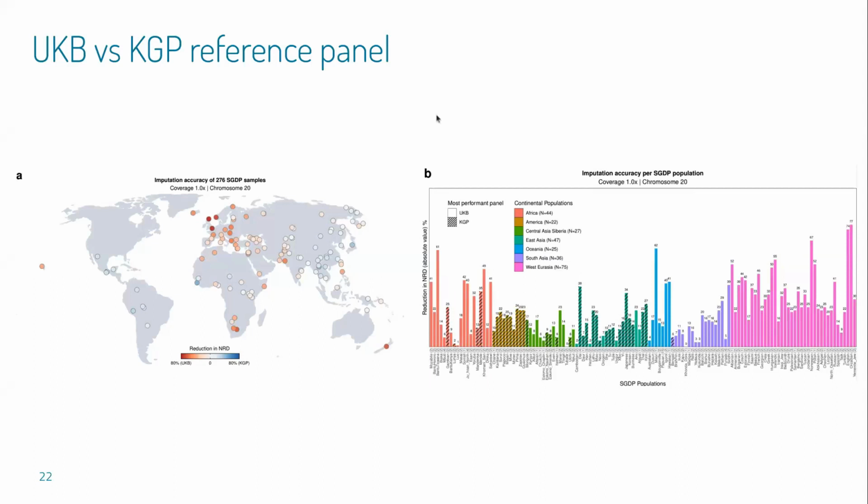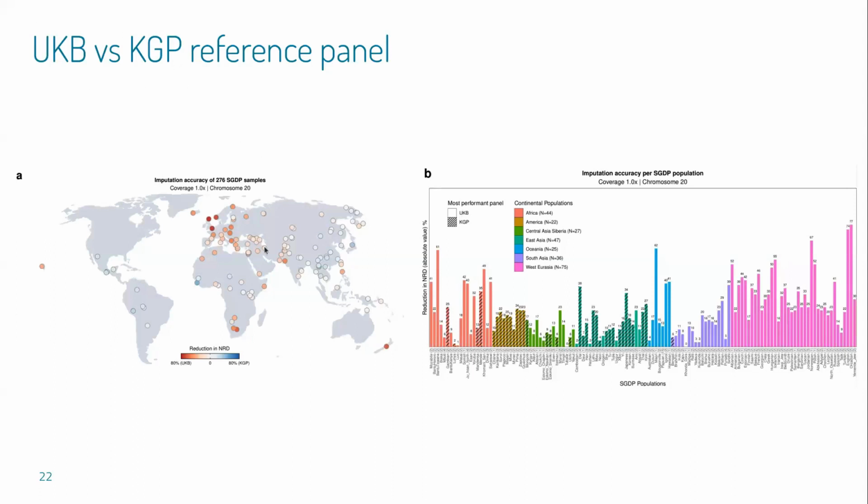For this reason, we took 276 samples from the Simons Genome Diversity Project, a project with available high coverage whole genome sequencing data. We downsampled to 1x and performed imputation using both the UK Biobank reference panel and the 1,000 Genomes reference panel, which contains populations from all over the world, but is much smaller.